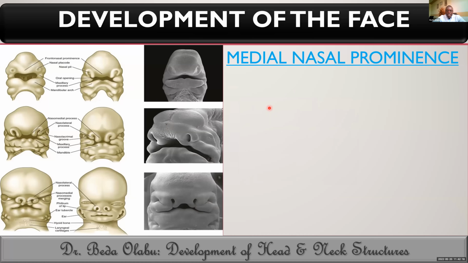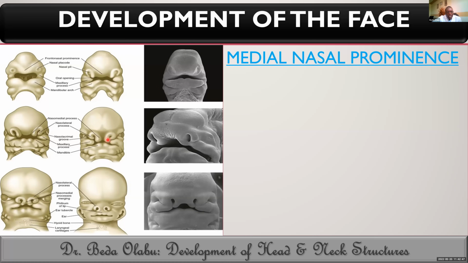Now, let's try the medial nasal prominence. We mentioned that the frontal nasal prominence has two parts, the frontal and the nasal prominence. And that the nasal prominence, which is this one, is divided into two by the nasal pit: the lateral nasal prominence and the medial nasal prominence.